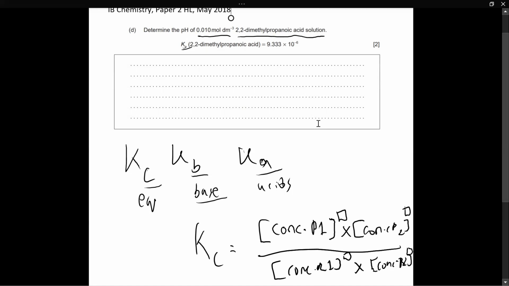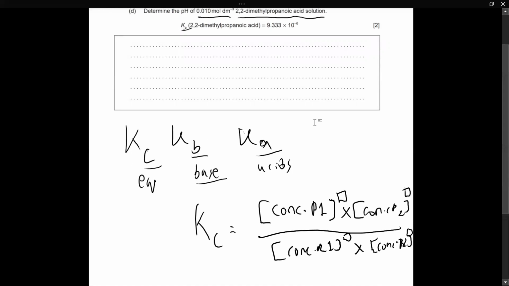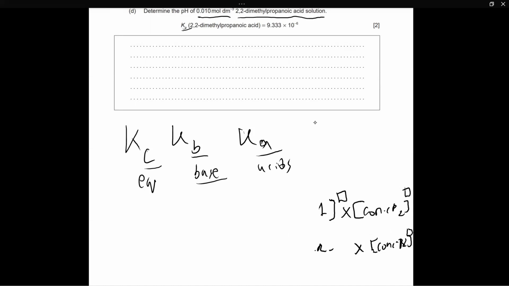This is the formula for Kc, and Ka is the exact same thing. However, Ka is slightly simpler. It's the exact same process, but it's simpler. And I'll show you why it is simpler.